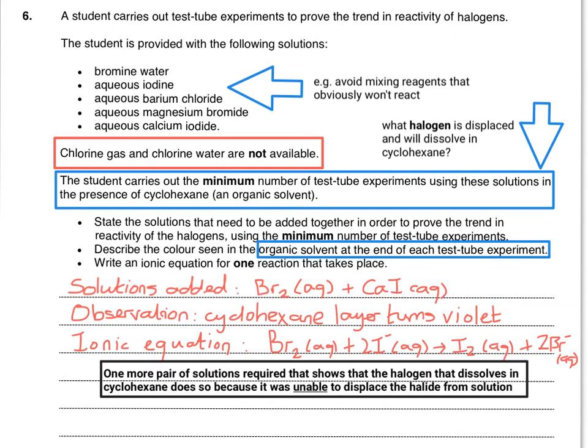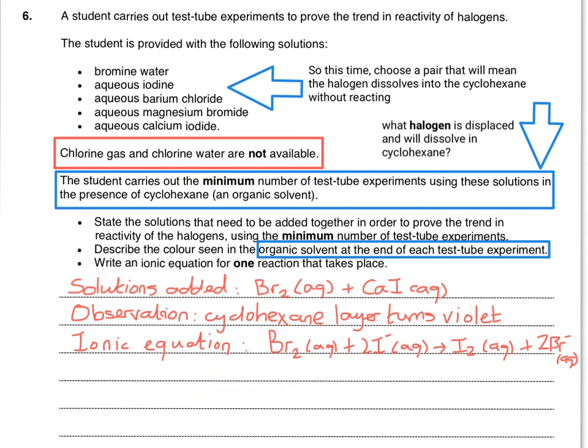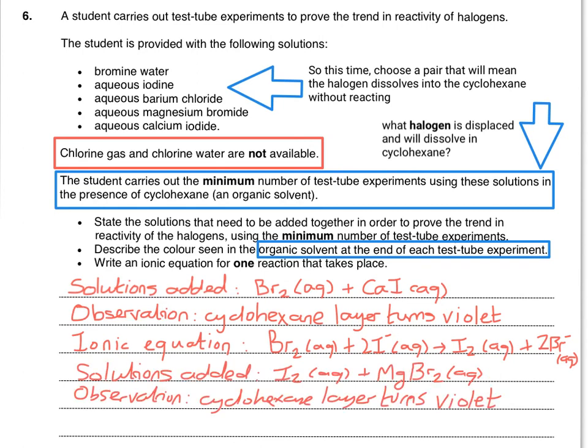We need one more pair of solutions that shows that the halogen that dissolves in cyclohexane this time does so because it's not able to displace the halide from solution. In other words, it's less reactive. So remember this time, choose a pair that will mean the halogen dissolves into the cyclohexane without reacting. Looking at the options we've got, the solutions to choose would be iodine and magnesium bromide.